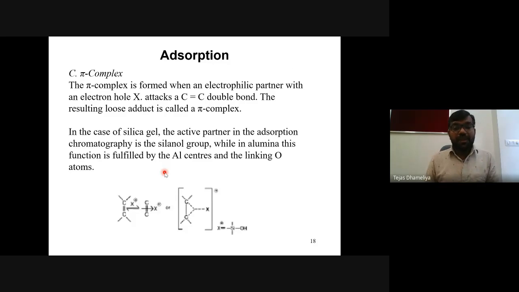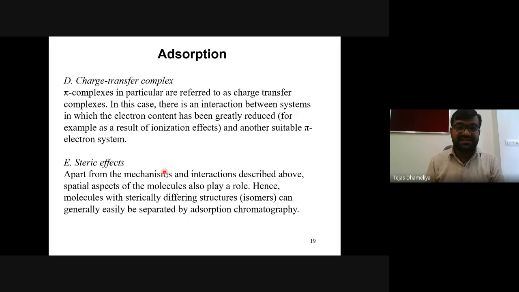Then it comes to the pi complex. Pi-pi interactions, or sometimes pi-cation interactions, pi-pi stacking, are a third type of interaction which is also possible. Then it comes to the charge transfer complex, where pi complexes are generally referred to as charge transfer complexes.